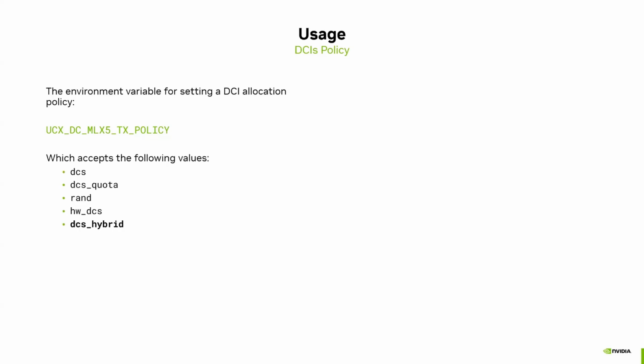Okay. So how do you use different DCI policies if you want to experiment with this? We have some environment variable for that. It's called UCX_DC_MLX5_TX_POLICY. You can set the following values. And I like to use ucx_info in order to know what protocols I'm using.